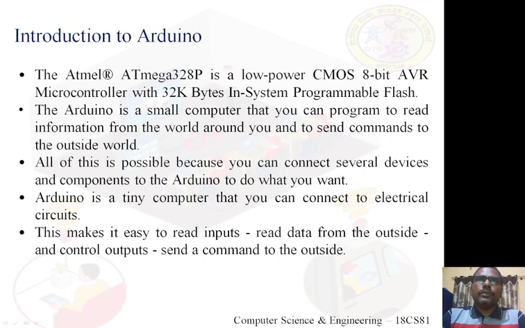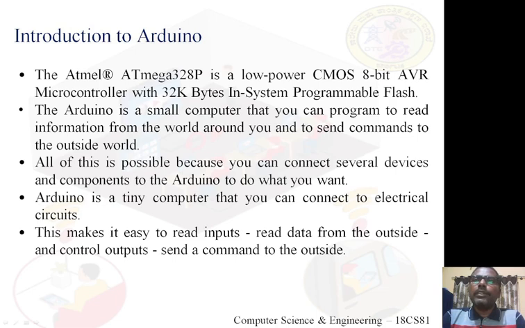Now, there is the Intel processor, the AMD processor, right? Similarly, the Atmega 328P is a processor, from the Atmel family. I mean, it's an Atmel registered low power CMOS 8-bit AVR microcontroller with 32K bytes of in-system programmable flash.